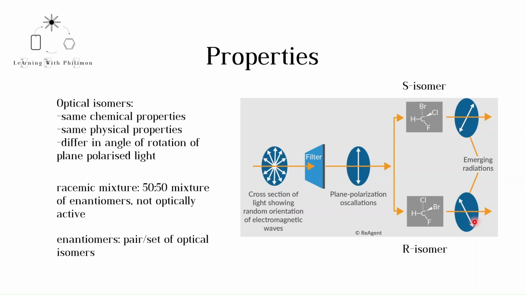If the sample contains equal amounts of the R and S isomers, then the light is not rotated, as the effect of each is cancelled out. This type of mixture is called racemic. Enantiomers is another way of saying a pair or set of optical isomers.